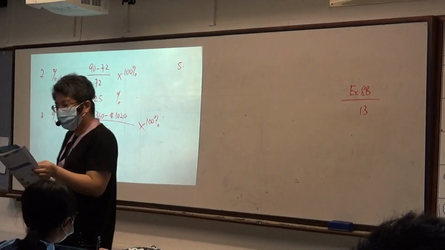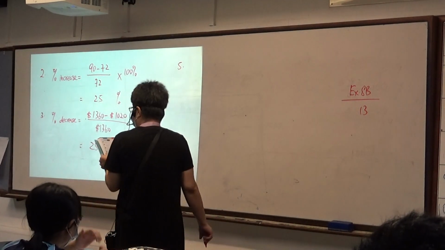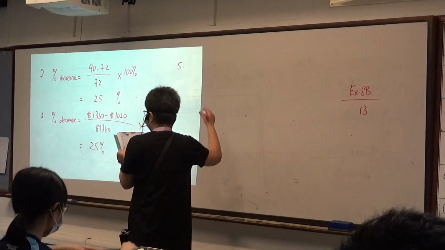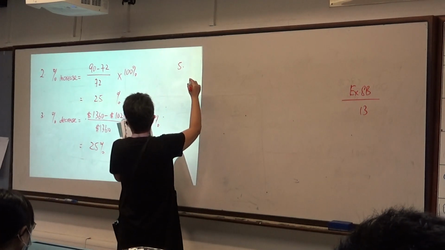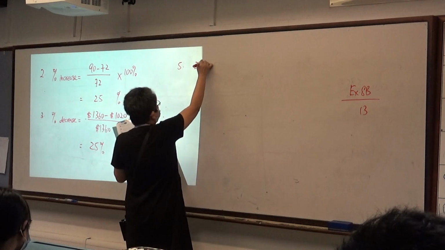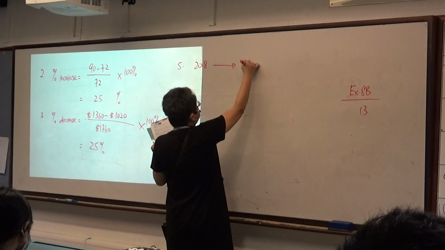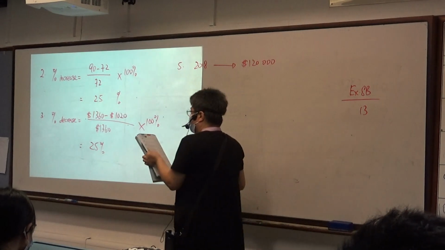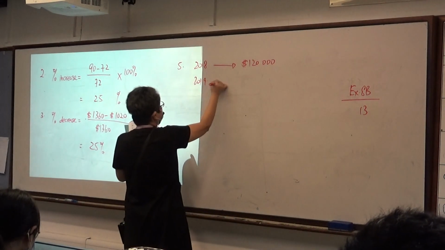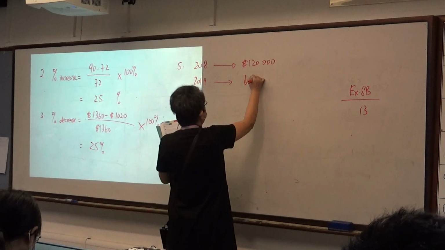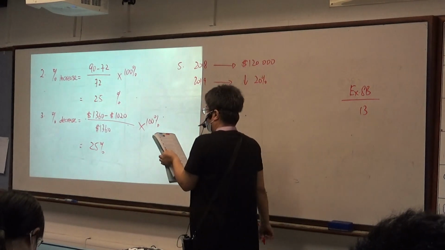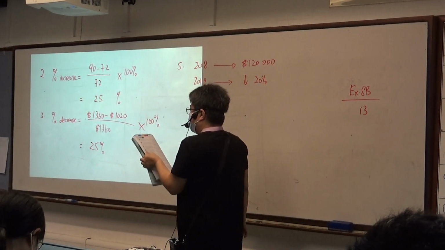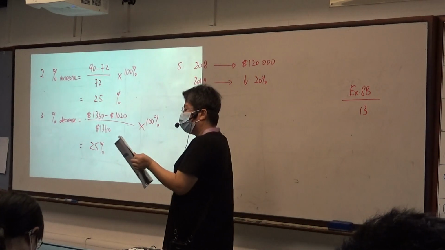A car was bought in 2018 for 120,000. In 2019 it decreases by 20%. Its value decreased.